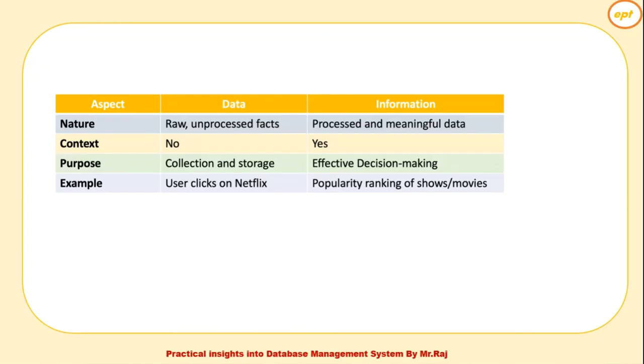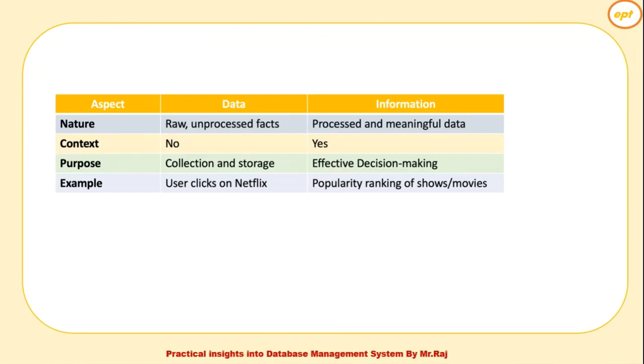And what is the basic purpose of data and information? Using data alone, you can't take decisions properly because there are a lot of confusions involved. It is very complex to take decisions, whereas using information you can take decisions very properly and effectively.